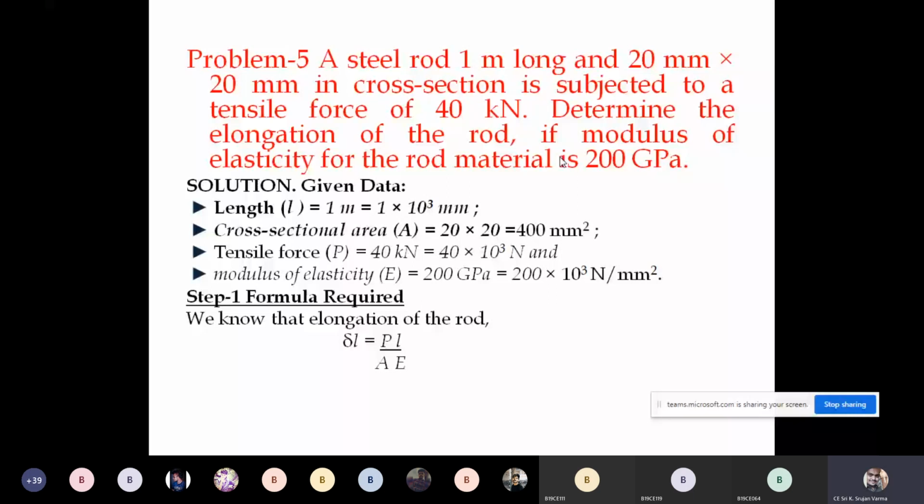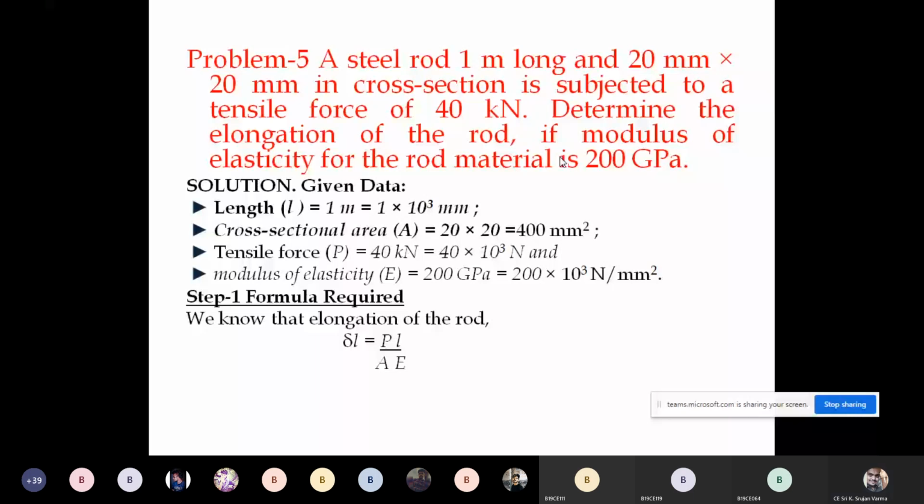That means 40 into 1000, 40,000 newton. Determine the elongation of the rod if the modulus of elasticity of the rod material is 200 GPa.